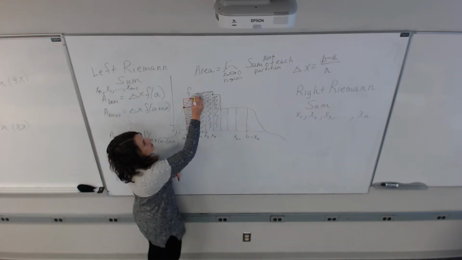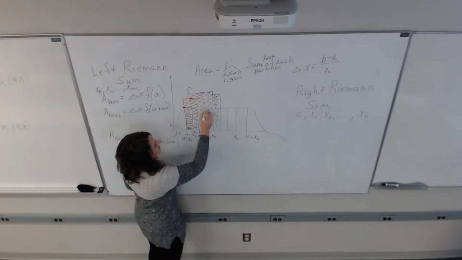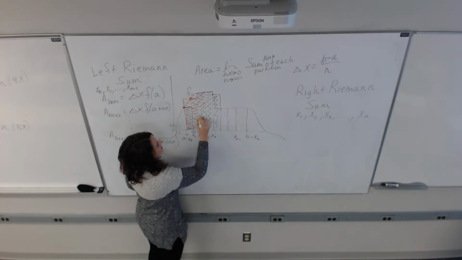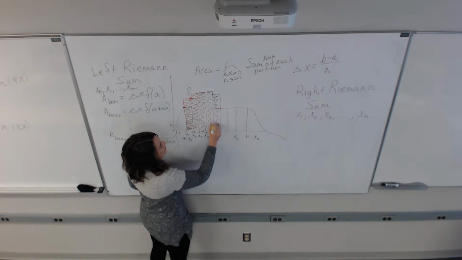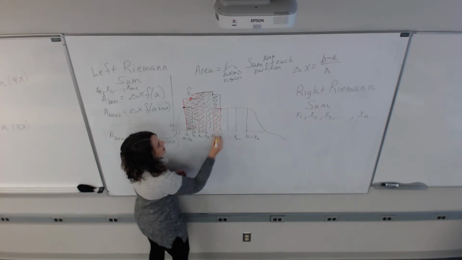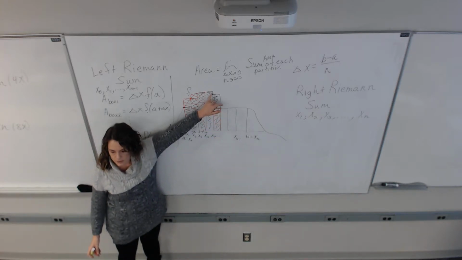So the right Riemann sum basically just uses the right endpoint instead of the left endpoint. This box isn't really all that much different. But when I get over here, notice that where this box is decreasing, I am way under in my area. I'm missing an entire sliver right here, okay?